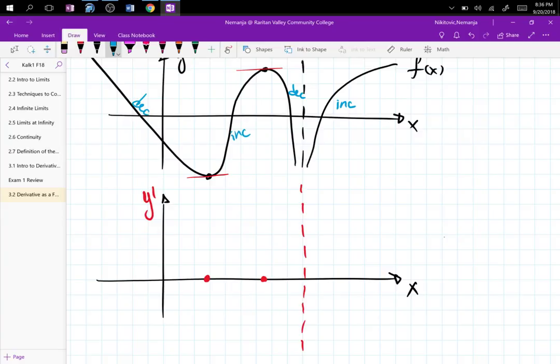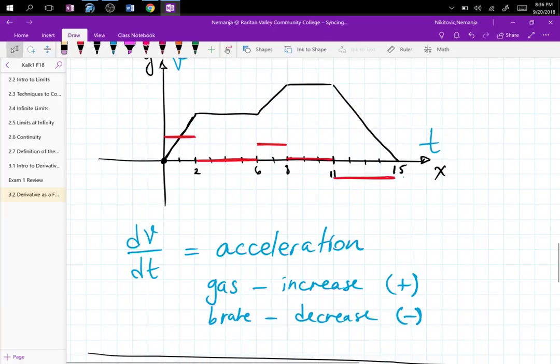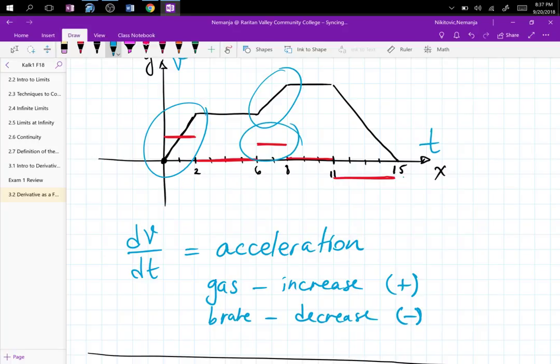What have we learned from this example and previous ones too? Anytime you have an increase in function, you have positive derivative. Anytime when you have a decrease in a function, you have negative derivative, negative value.